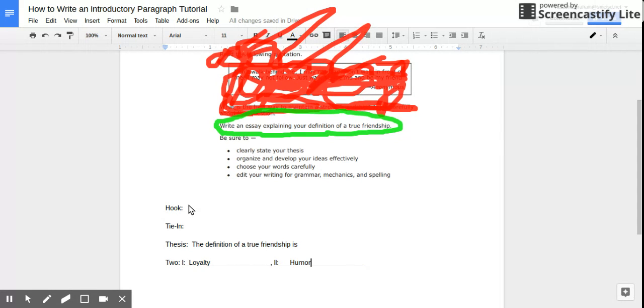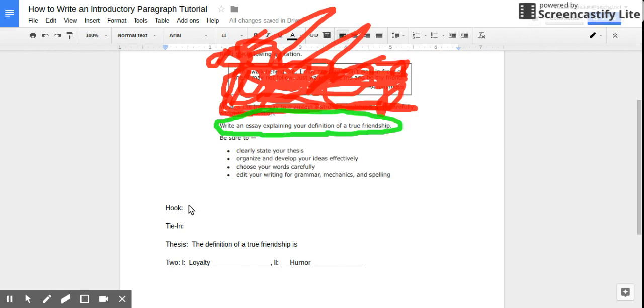Our hook can be a factoid. It can be a quote. It can be lyrics from a song. It can be something completely and totally crazy. Okay? The whole point is to gain the reader's attention.